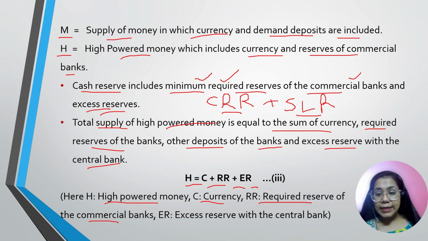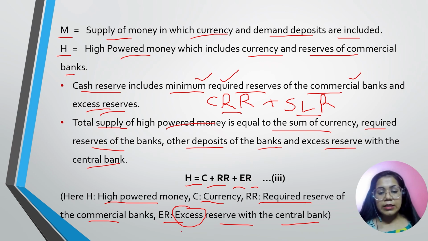By required, we mean that this much amount of reserves has to be kept by the commercial banks. And ER is the excess reserves with the central bank. This means they are the excess amount of reserves which the banks can either keep or use for credit creation.